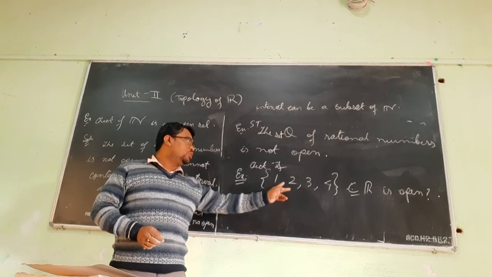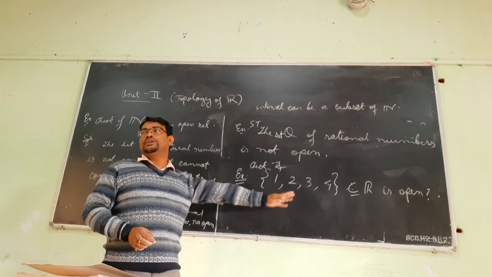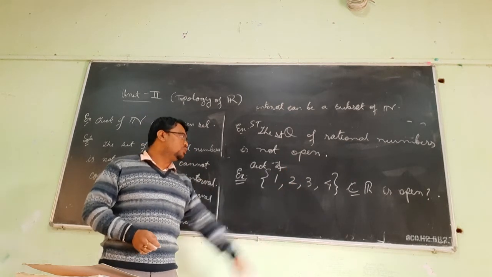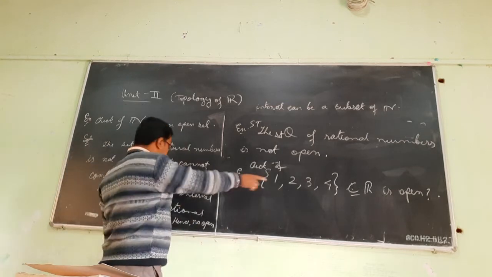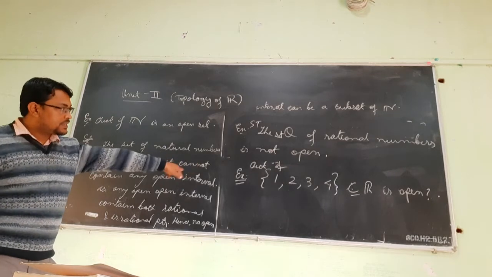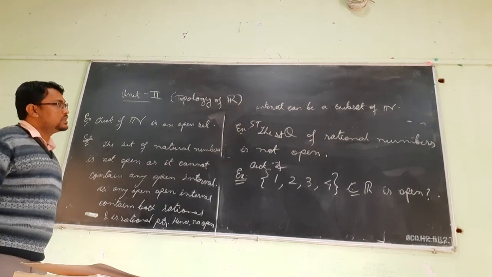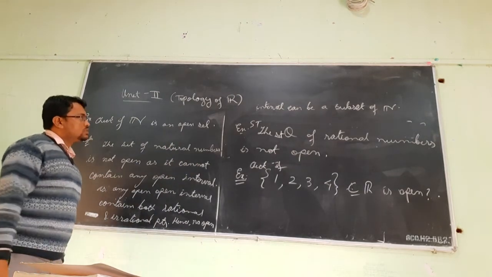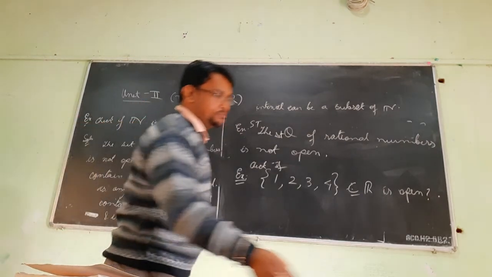It contains only the points 1, 2, 3 and 4. It doesn't contain any interval, so it's not an open set. The justification is similar: this set cannot contain any open interval.